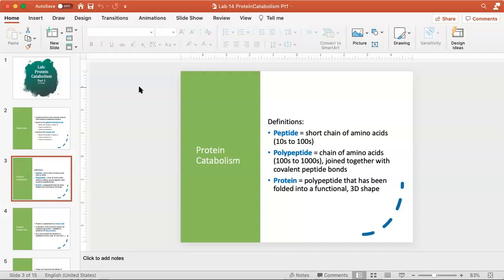All a peptide is a relatively short chain of amino acids. So in lecture, you've learned about what an amino acid is, what it's built like, what the component parts of an amino acid are. You know that there are 20 of them that occur in nature.